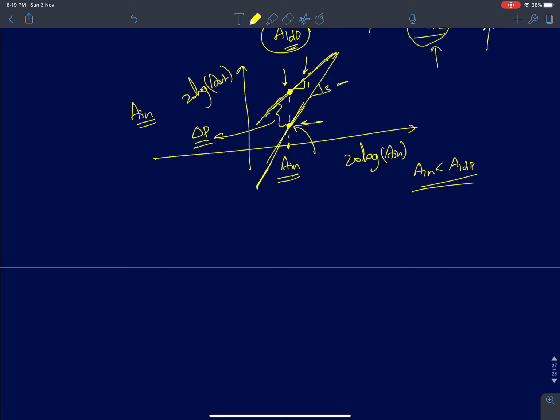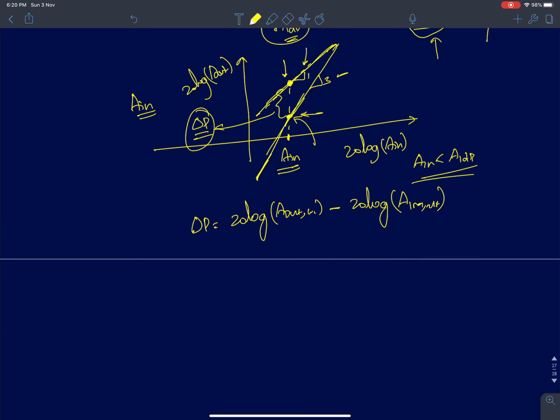I've called it delta P here. So delta P is nothing but 20 log of A out at omega 1 minus 20 log of A IM at output, the intermodulation term power at the output. So that's your delta P.